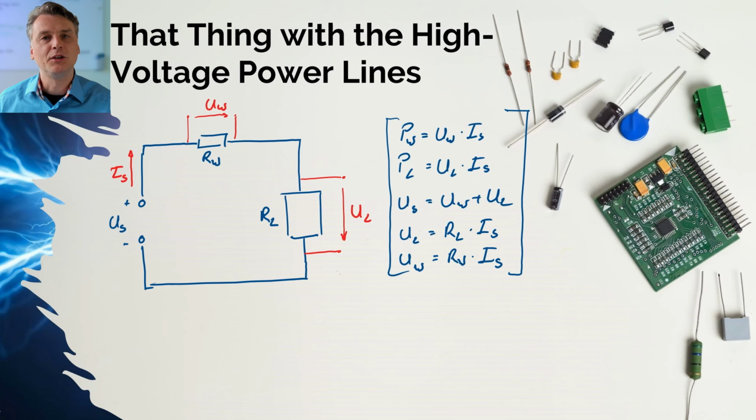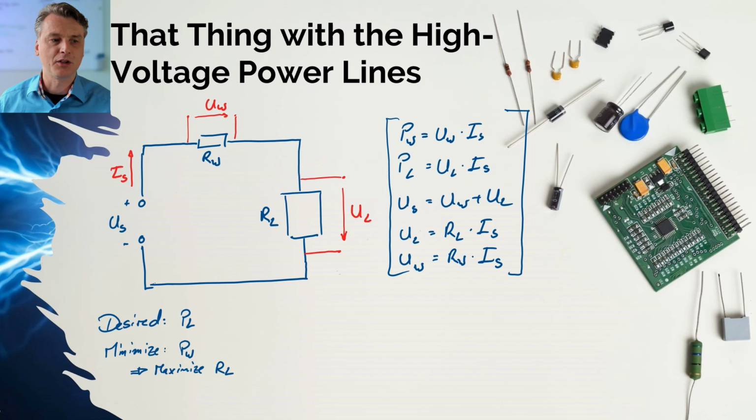But now if we want to compensate for that, we need to change the voltage. So we have a desired power in our load, charging the battery, heating your oven. And we want to minimize the power loss in the wire. That means we need to maximize the resistance of the load. Well, what supply voltage do we need then if we change the resistance of the load?